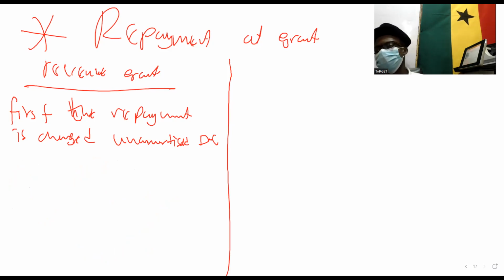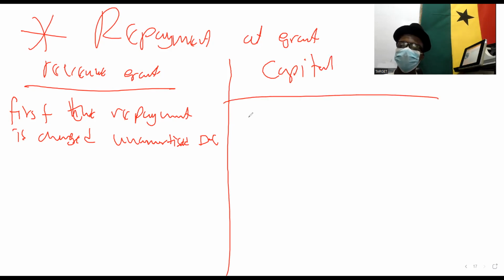Now let's go to the grant relating to assets. That one, we'll do the calculation. Grant relating to assets, capital grant. How do you do that? You check ICA November 2017, part 3, question number 2.